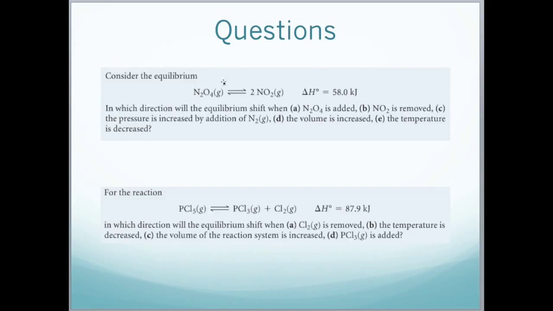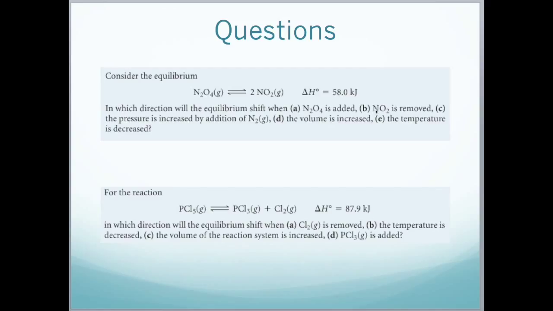In the first question, we are asked to look at this equation here. And we are asked, in which direction will the equilibrium shift when A, N2O4 is added? The system will adjust to decrease the concentration of the added N2O4, so the equilibrium will shift to the right in the direction of the product.